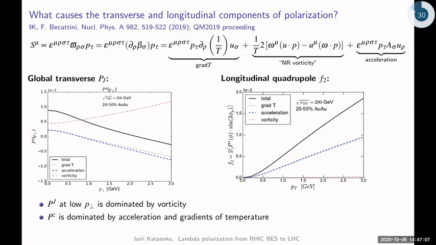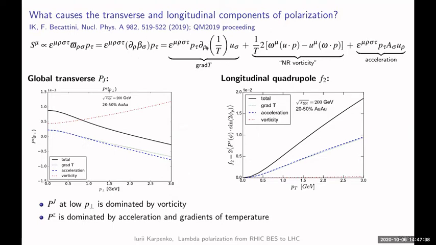The next thing which was shown is that in the relativistic case, as was discussed already extensively, the polarization is modulated by the thermal vorticity, which encodes both temperature gradients and flow velocity gradients. Then the thermal vorticity can be decomposed into three parts.